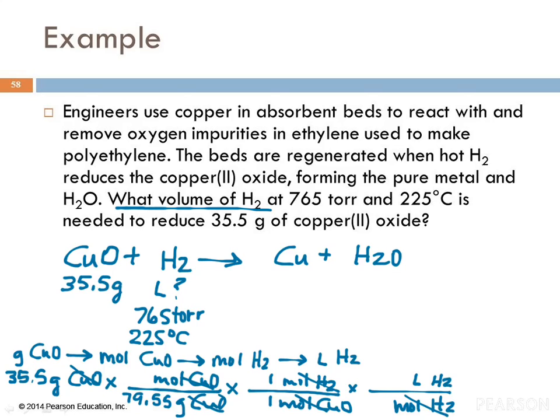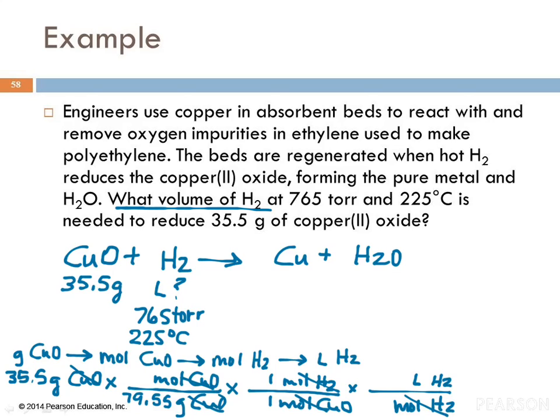Do we know the relationship between liters and moles for hydrogen under those conditions? No. What are we going to do? We're going to need to use PV equals nRT, right?